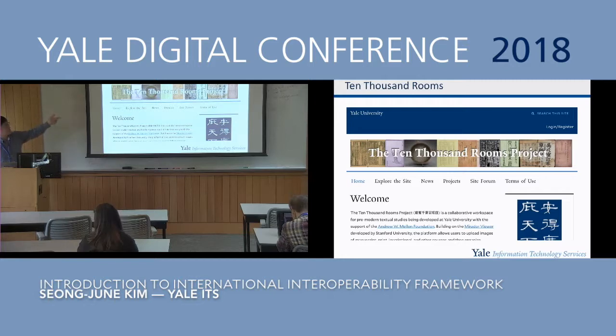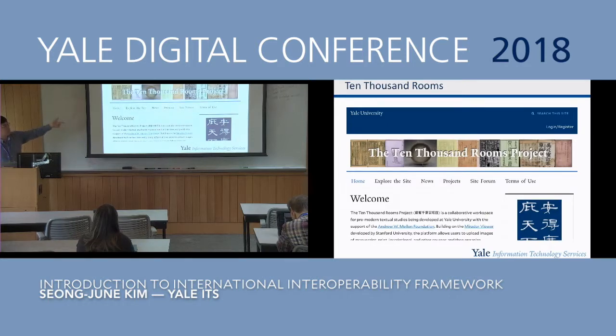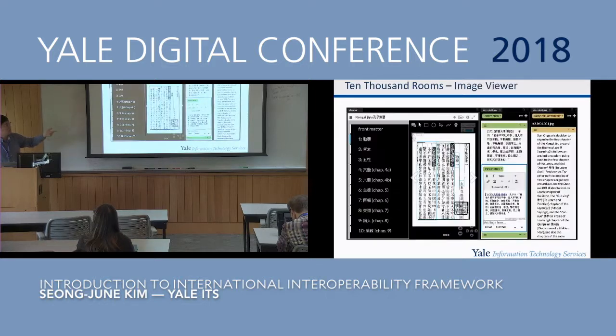So this is what 10,000 Rooms looks like. We have a portal where you can define and create your own projects in a DIY way, and inside the project, you have a unit of books.